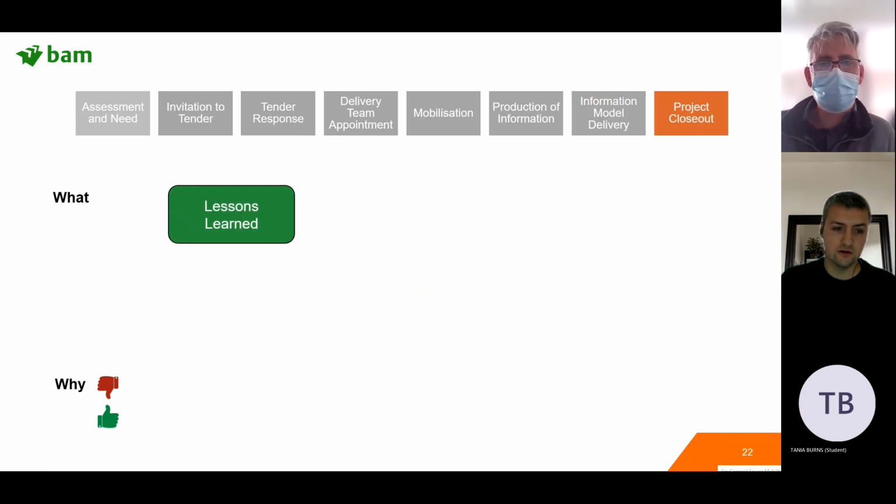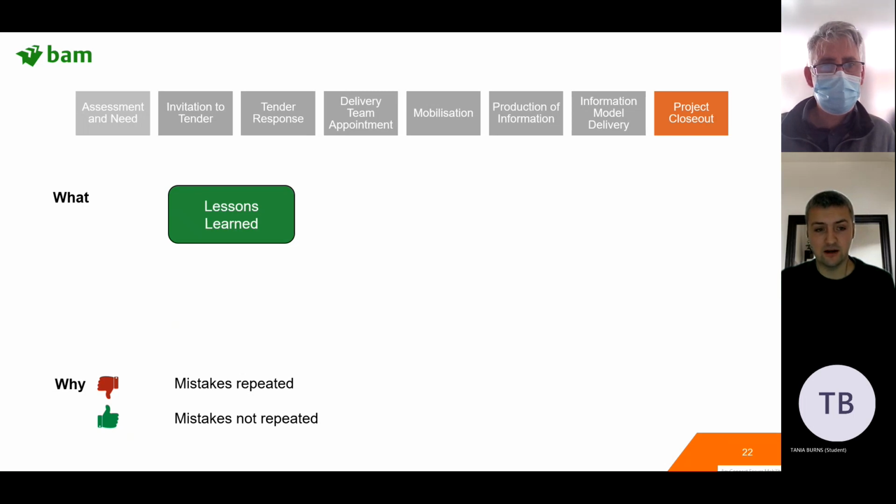And project closeout is basically just that a lessons learned exercise is carried out. Everyone knows to carry out a lessons learned exercise as best practice, and yet it doesn't get done on a lot of projects. I think BAM are good at doing it. We do carry it out, but in general, delivery teams just move on to the next job.